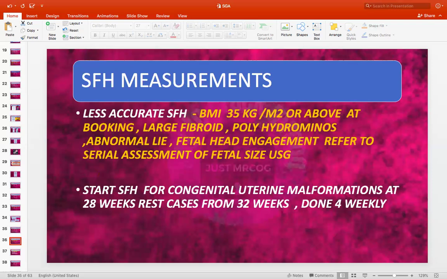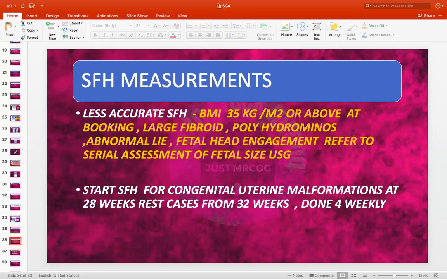For these, we have to offer serial assessment. For congenital uterine anomaly, we start this serial assessment from 28 weeks. In the rest of the cases, we start from 32 weeks. So these are the conditions where we do not find SFH very accurate or sensitive.